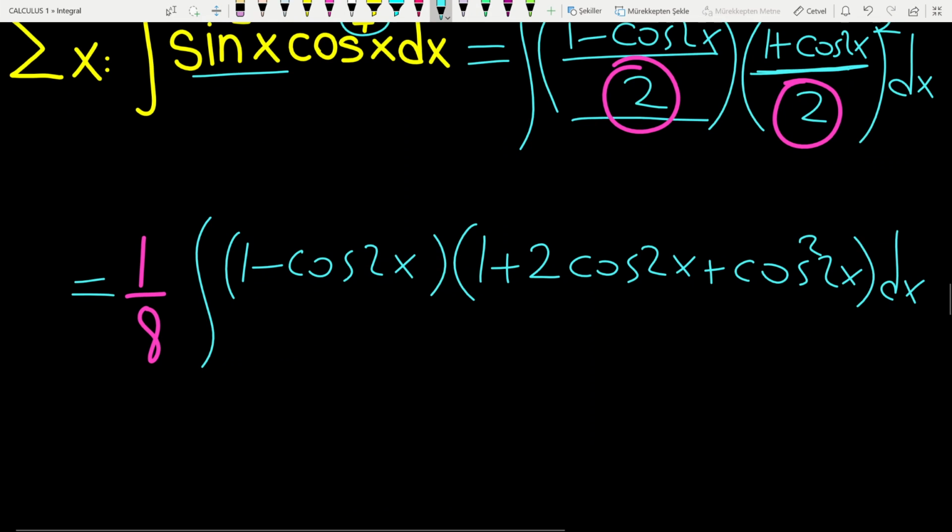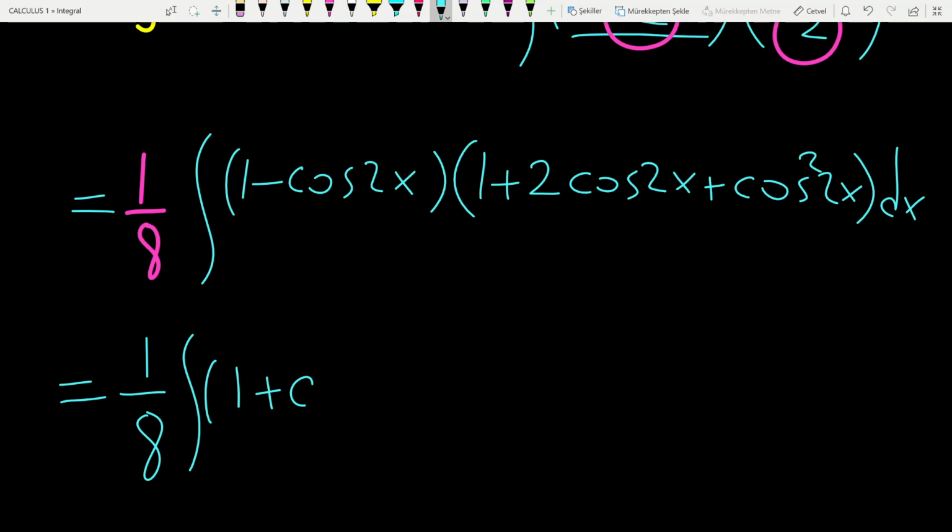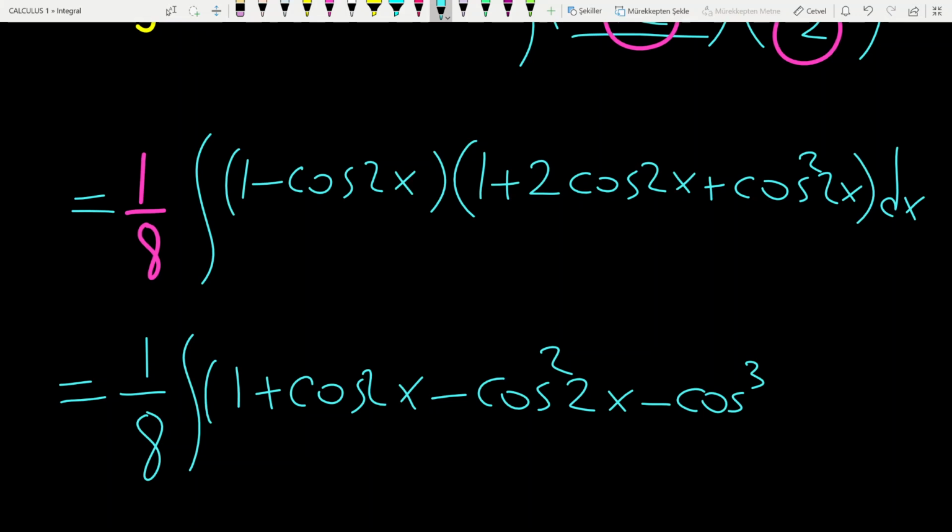This is equal to, if you substitute all this into the integrand, then you have 1 over 8 integral of 1 plus cosine 2x minus cosine squared 2x minus cosine cubed 2x dx.